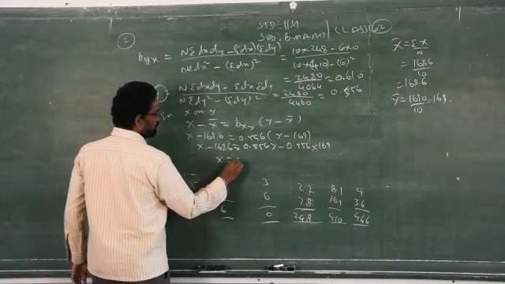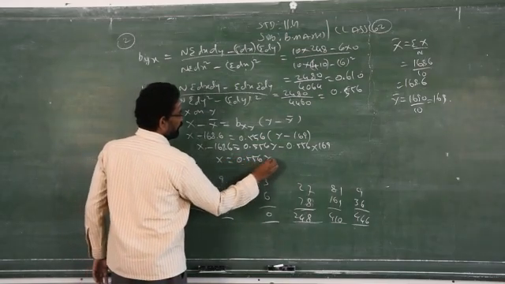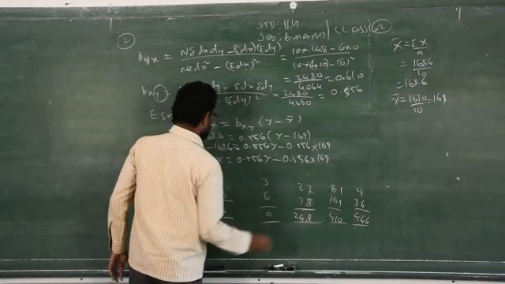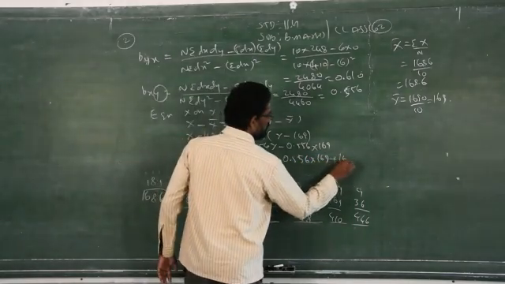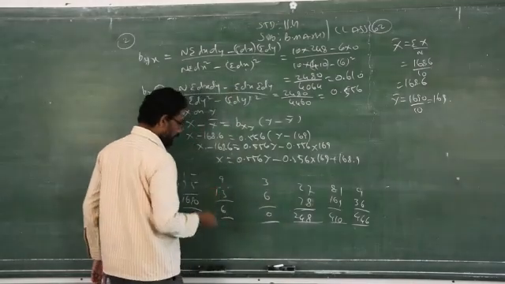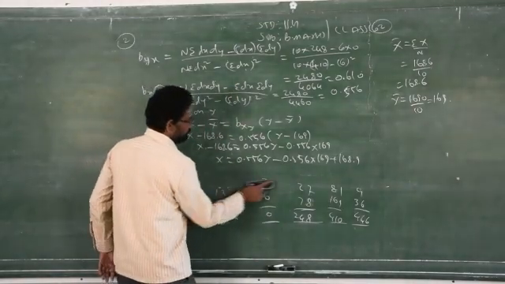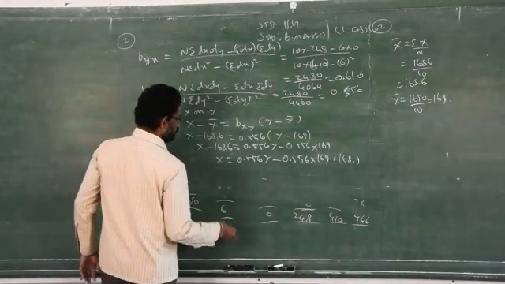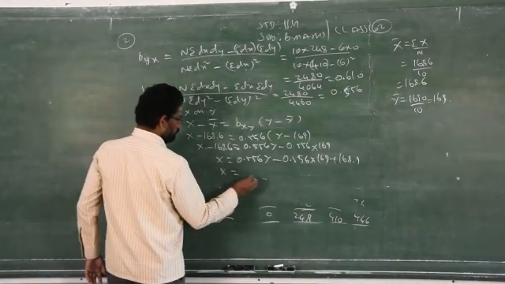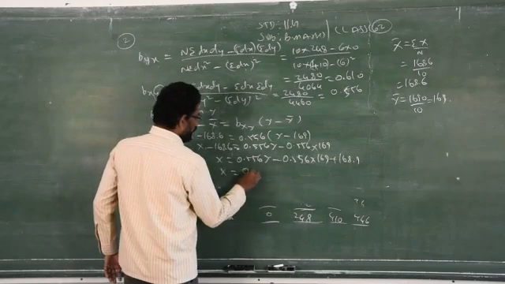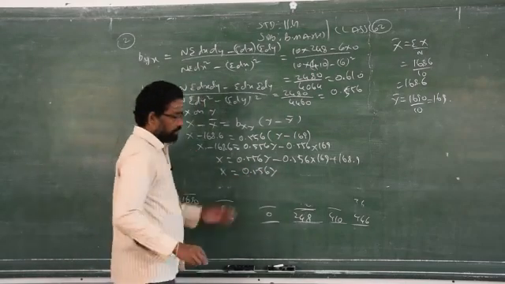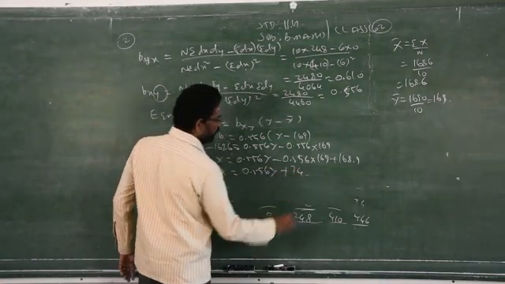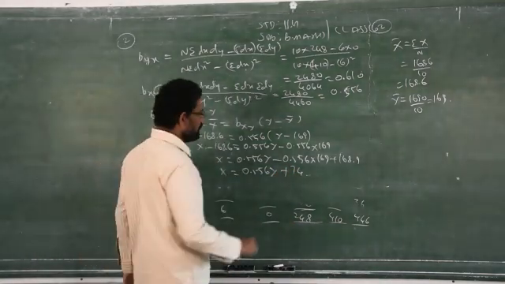Then x is equal to 0.556 y minus, you have to multiply these two, plus 168.6. So you will get the answer 0.556 y. Simplify, you will get plus 74.636.